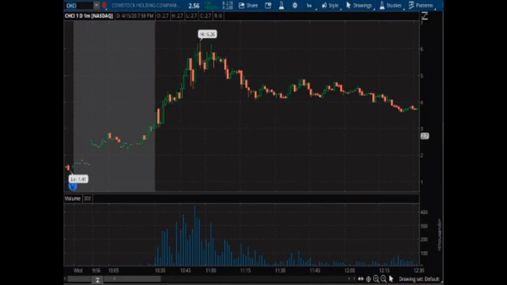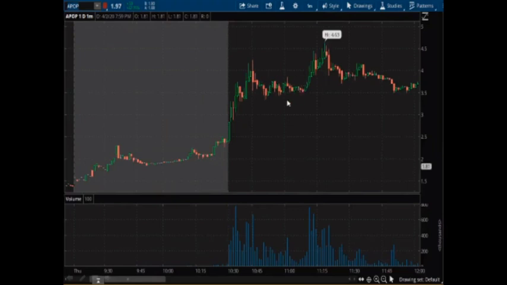This one again is an interesting one, where the stock pops. Obviously we got that halt in the morning, and right here we notice that the volume has dried up, and we're consolidating. It's very similar to APOP, where the volume has dried up and we get this move to the upside.